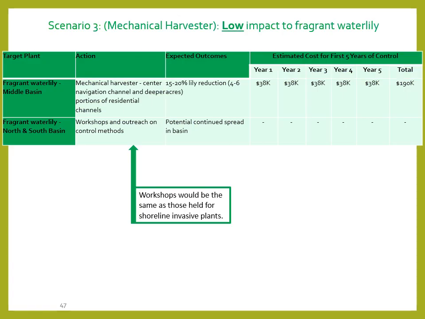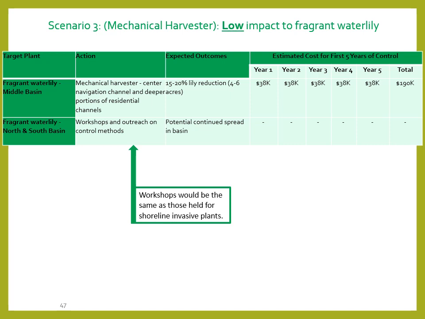The intent of Scenario 3 is to provide a low level of impact to fragrant water lily in the Middle Basin and assumes a continued spread in the North and South Basins due to unchecked growth and spread of seeds and other plant fragments. The management goal for Scenario 3 is a 15 to 20% reduction in aerial coverage of fragrant water lily in the Middle Basin using a primary approach of mechanical harvesting.